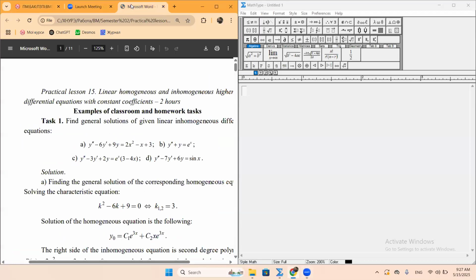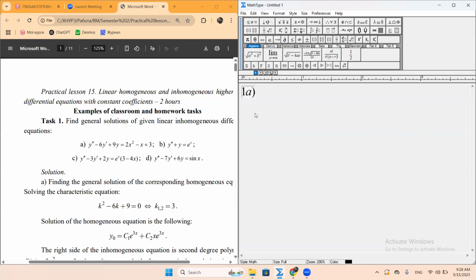Okay, so we have constant coefficients before y and its derivatives. In all these cases, we have inhomogeneous linear equations.